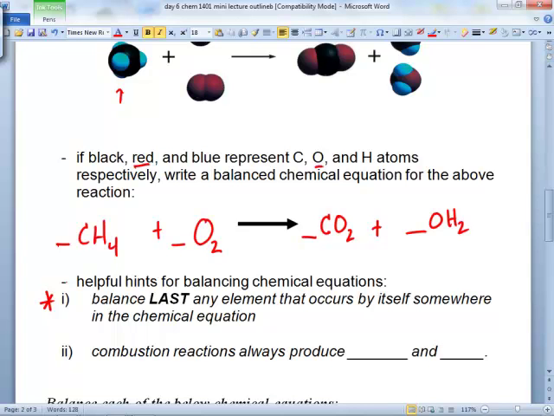Balance last any element that occurs by itself somewhere in the chemical equation. So, Lauren, if we were going to try to balance this chemical equation up here, which one would we work on last? Which element? Lauren.